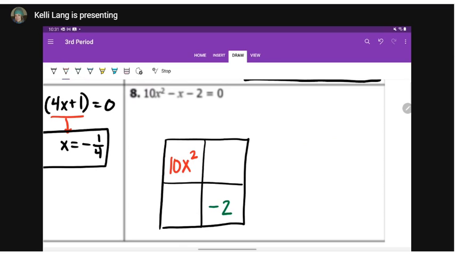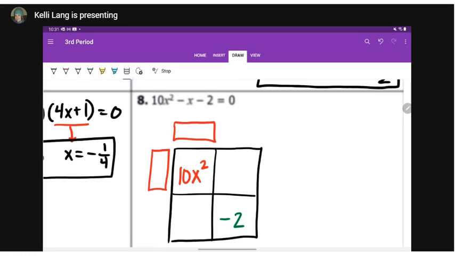In order to get a 10x squared, we're going to have to come up with two things that multiply together to give us 10x squared, but we have choices. It might be 1x times 10x, or it might be 2x times 5x. We don't know which. It could be either, so you might have to try them both.